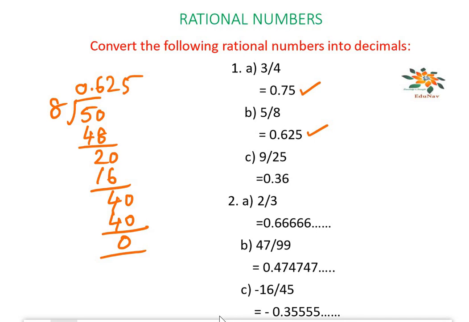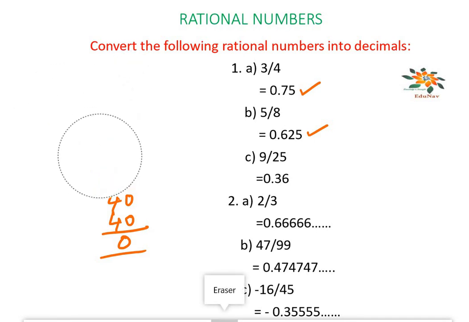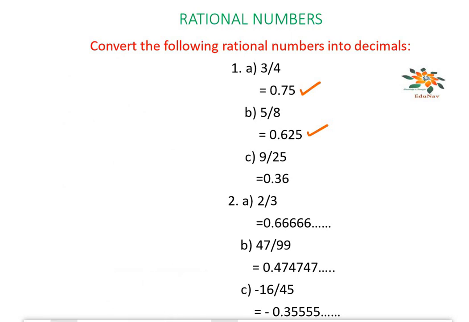Now coming to C subdivision, 9 by 25. Again 9 will not go in 25. So we'll take 0 point like what we did earlier.